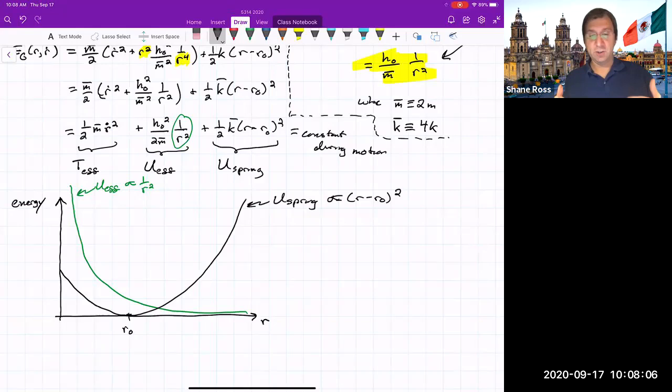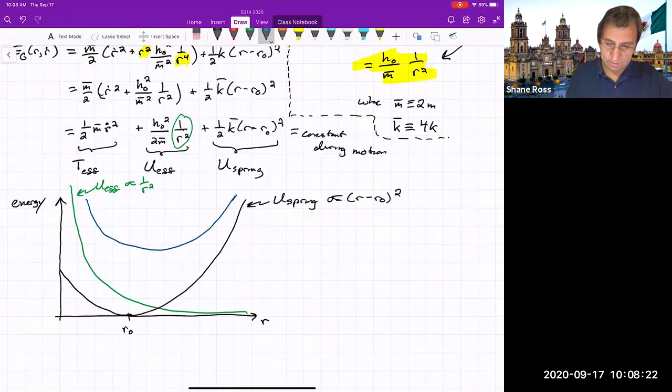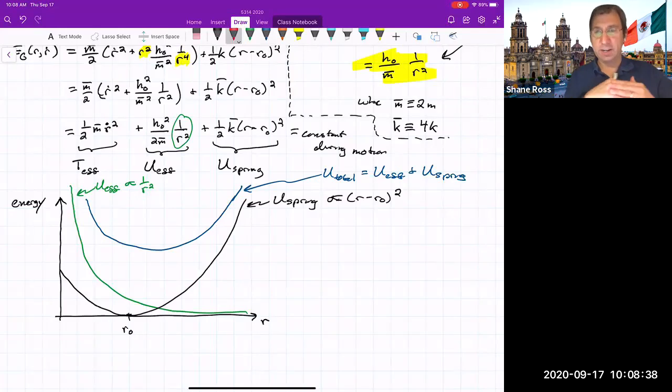You add up those two potential energies, and that gives you the total potential energy. So add these two up, and you'll get something. I don't know, we'll draw it that way. We'll call this U total, and it's U of the effective potential plus U of the spring. And then based on our initial condition, we'll have a total energy, which we draw across as a straight line.